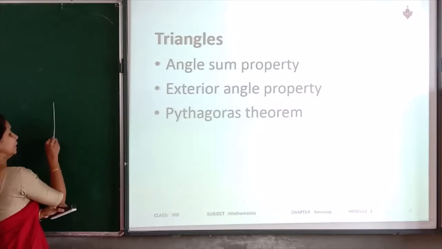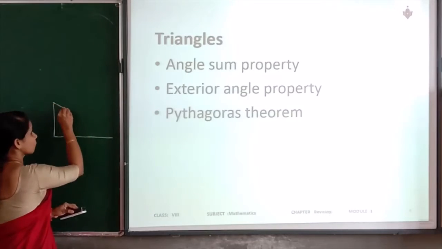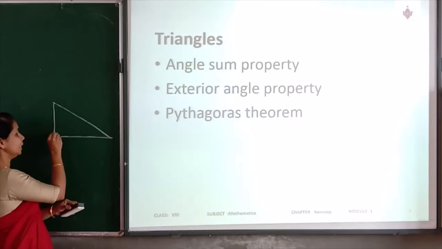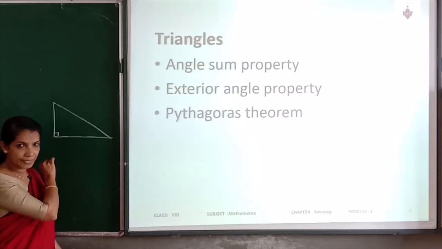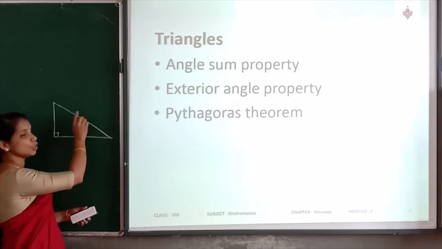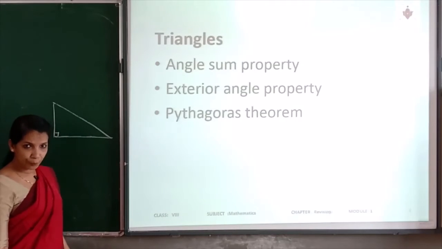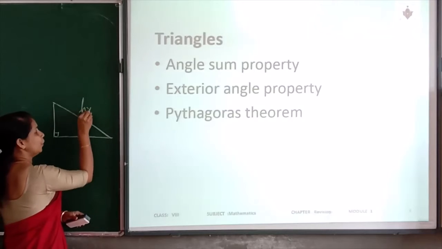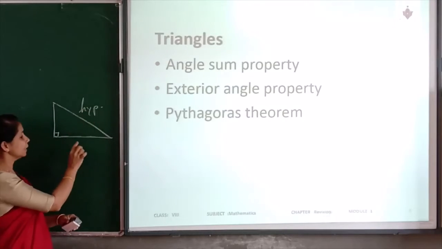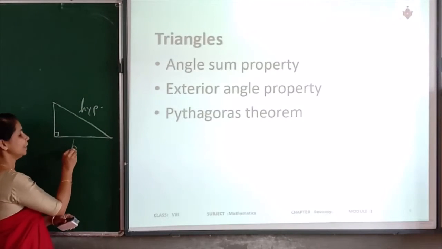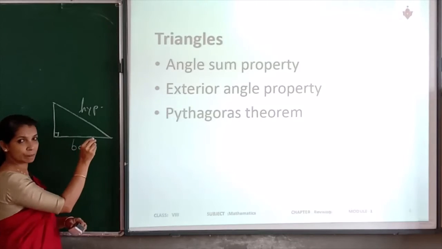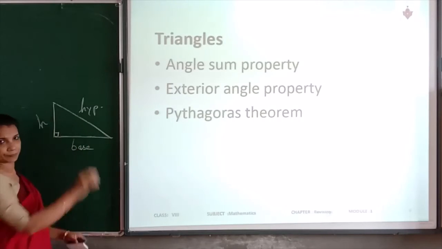In a right angled triangle, one angle is 90 degrees. The side opposite to this 90 degrees, that is called what? Hypotenuse. And the other 2 sides, we represent these sides as base and height.